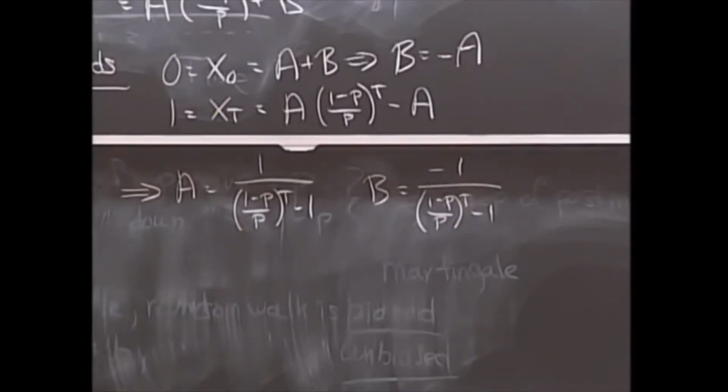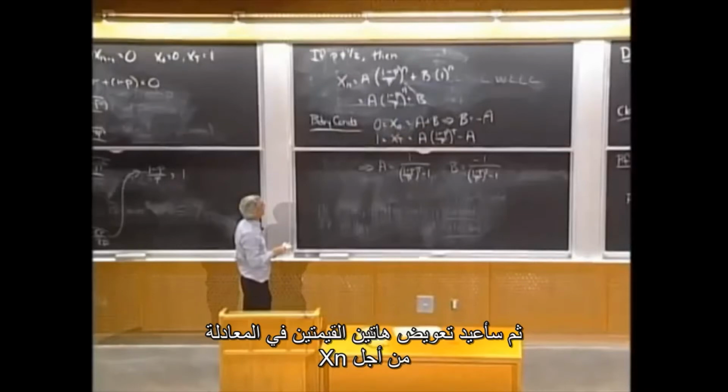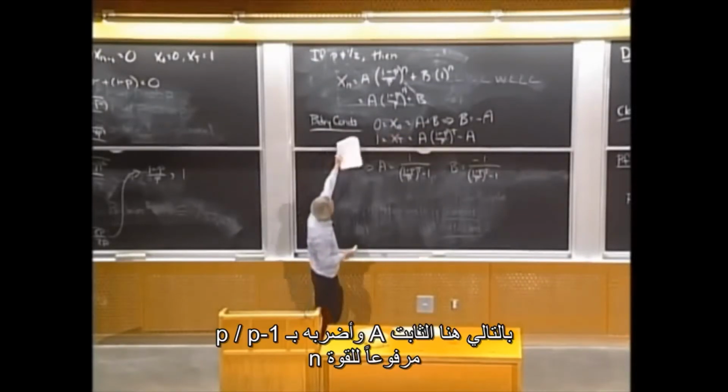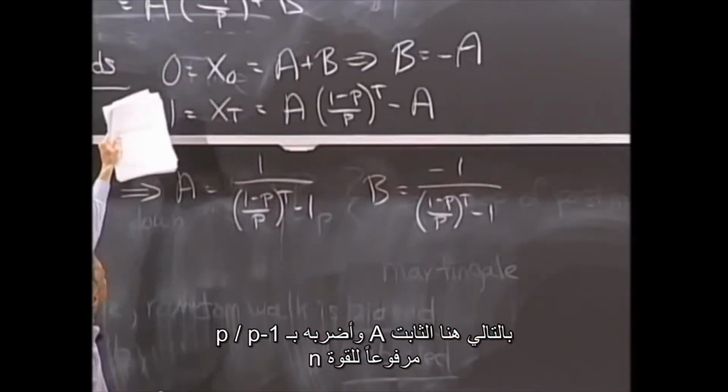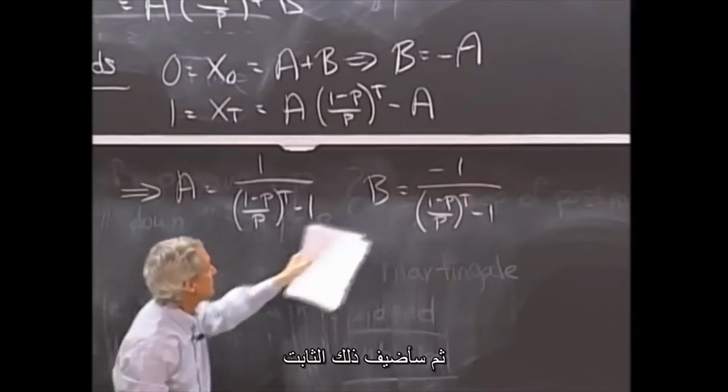All right. And then I plug those back into the formula for xn. Here's my constant a, I multiply that times ((1 minus p) over p) to the n, plus I add this in.